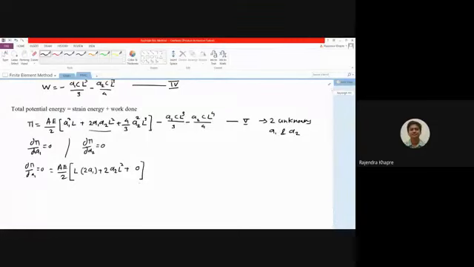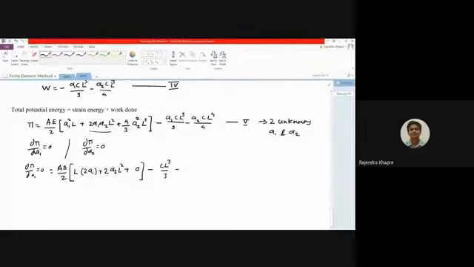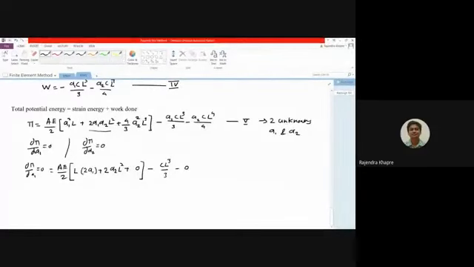Okay, then the derivative of this a1 term: only a1 is over here, so this will be c L to the power 3 divided by 3. A1 will be gone, and there is no a1 term in the second term, so this will be 0. And this will be equal to 0, right?